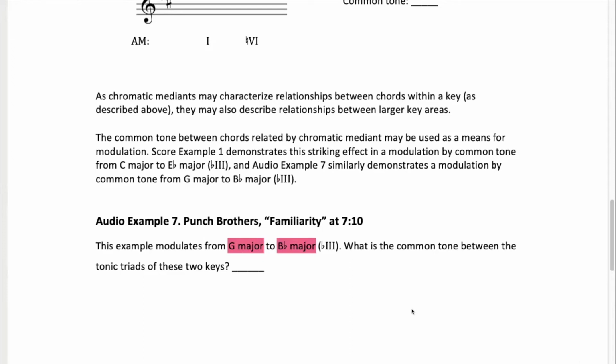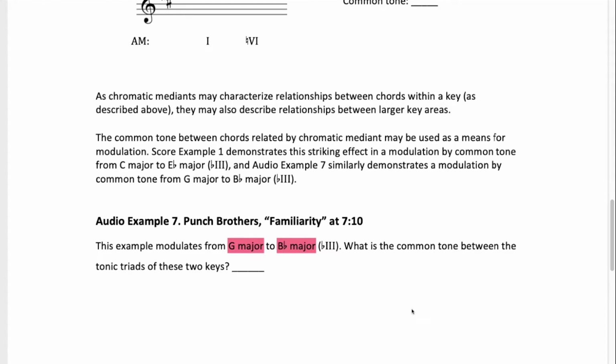Again, the roots are related by minor third, and the key signature of G major would have 1 sharp, and B flat major has 2. Therefore, they're distantly related.